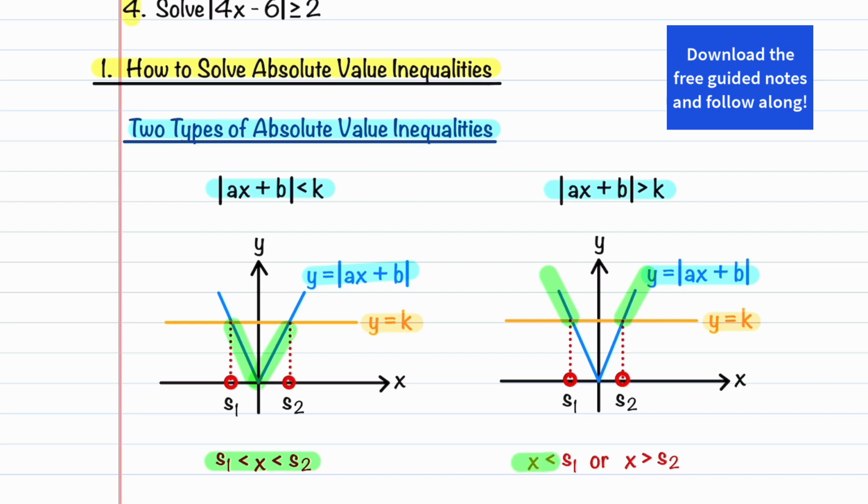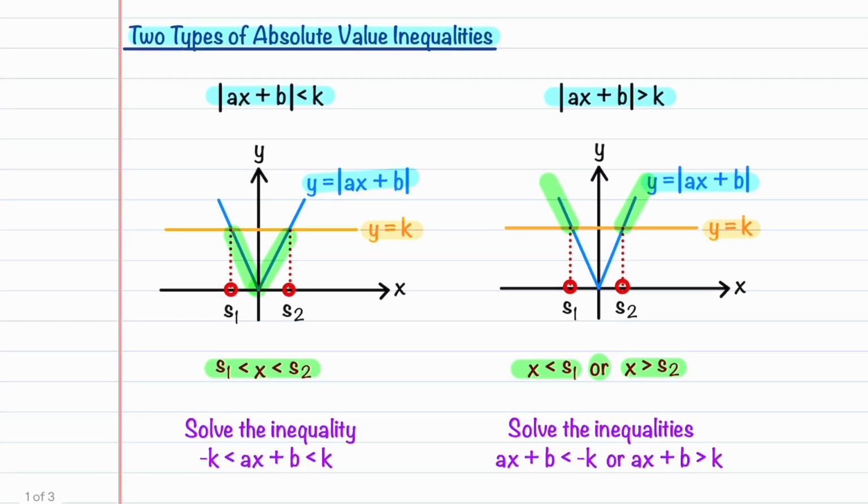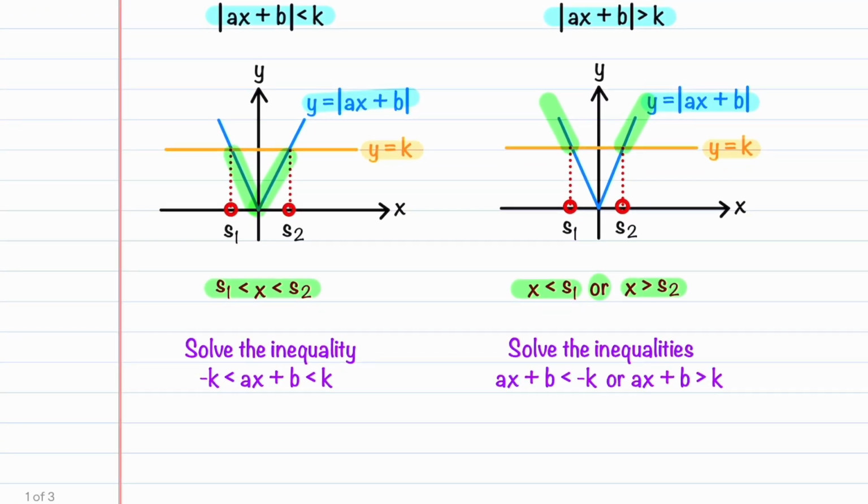The first piece, x is less than some number s1, and then we're going to have an or, and then a piece, x is greater than some other number, s2. Just to make things easier, I've written down exactly what you have to do to solve these types of equations.